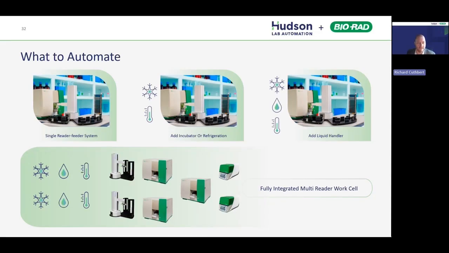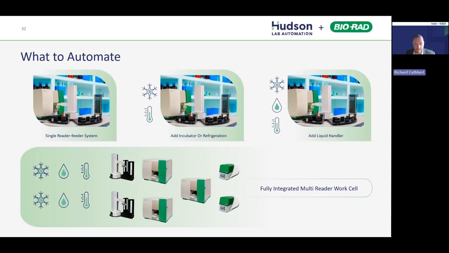And to give you an example of the increase in throughput that you could expect, we're talking about a threefold increase from just this step alone. Now, using the ZE5, that's a difference of about 6,000 more samples you could get through in a day. Next, you might want to consider some form of temperature control for sample storage. After that, you may find that sample preparation is now holding you back in terms of throughput.